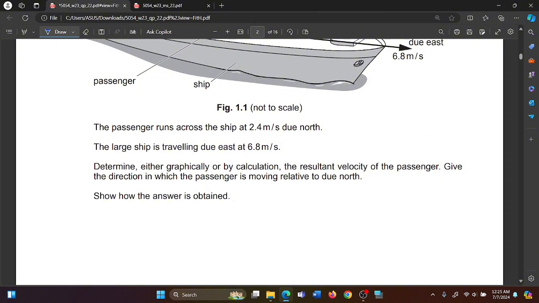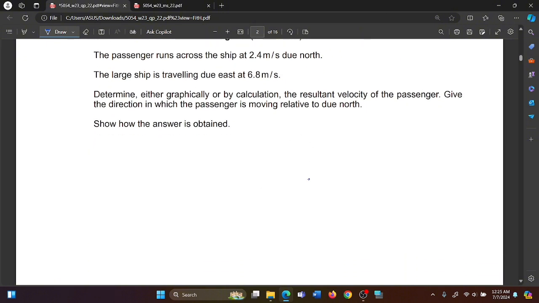So let's draw a diagram in which I mark this as north and this as east. The question says the man is running at a speed of 2.4 meters per second due north and the ship at a speed of 6.8 meters per second due east. It asks for the resultant velocity. To find the resultant velocity of two perpendicular components, we use the Pythagorean theorem. That is, we find the length of the hypotenuse.